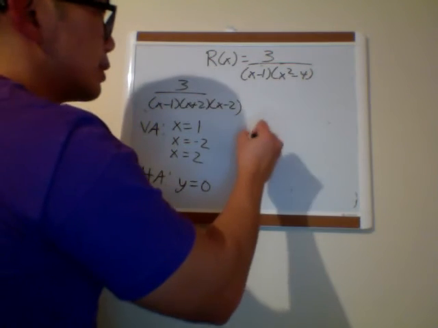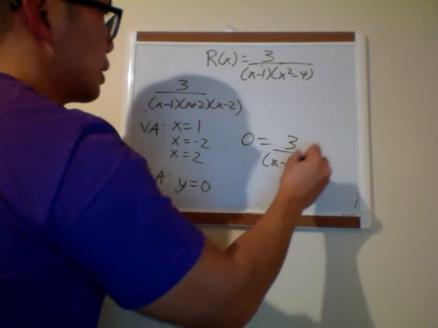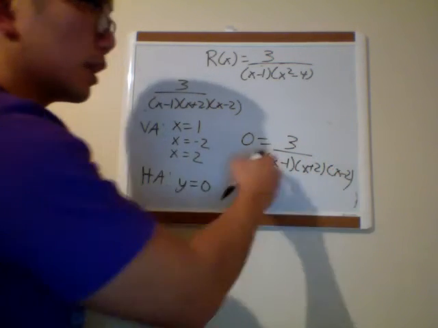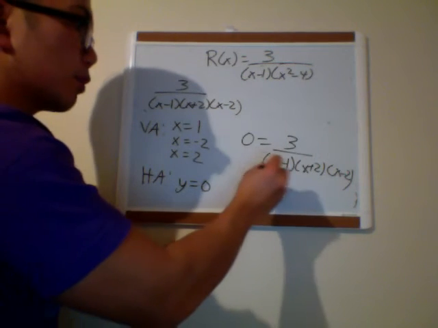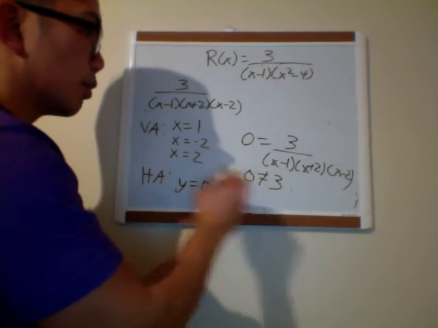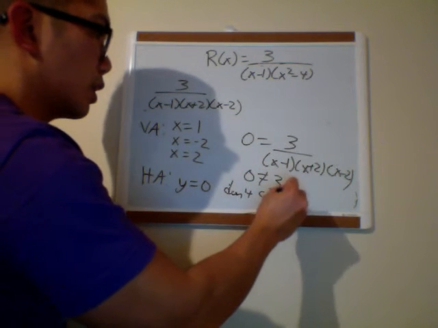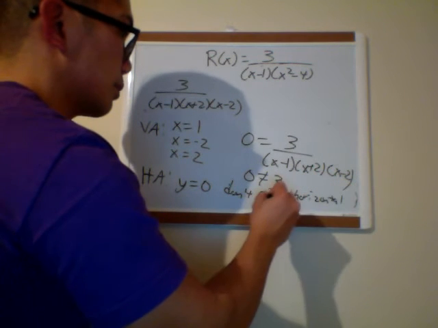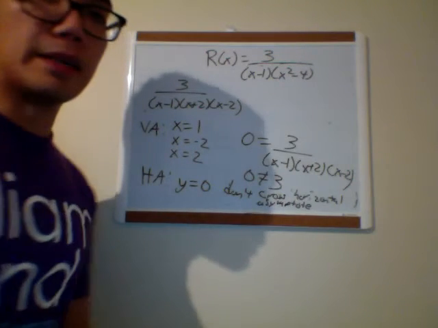So this is going to be 0 is equal to 3 over x minus 1, x plus 2, x minus 2. And we already did this with the x-intercepts. This can't happen. 0 cannot equal 3. So we don't cross the horizontal asymptote. So that's part E. We don't cross the horizontal asymptote.